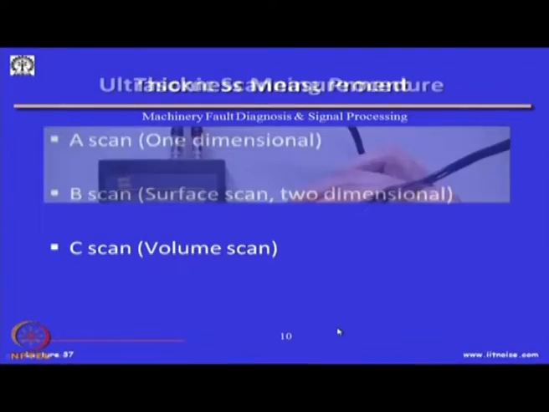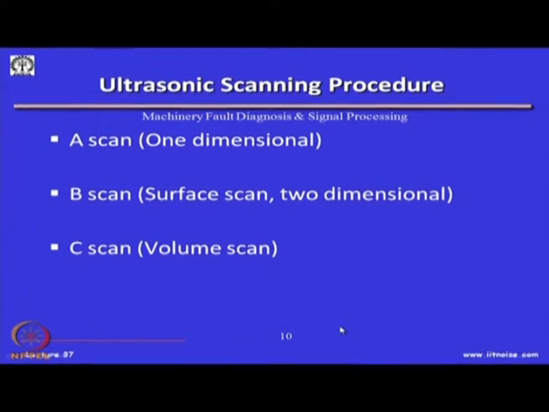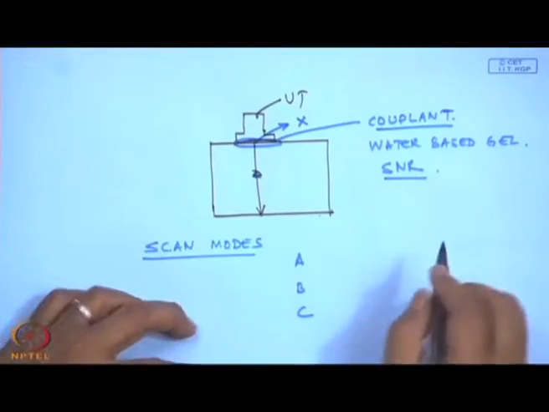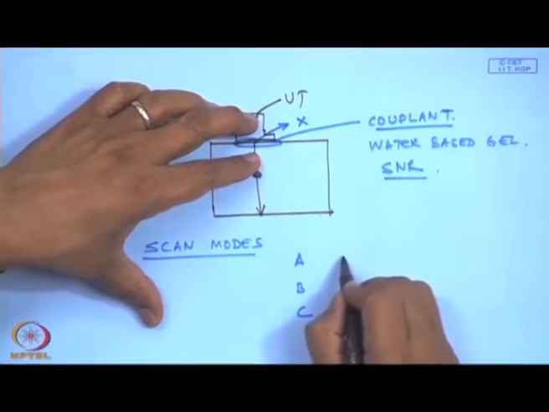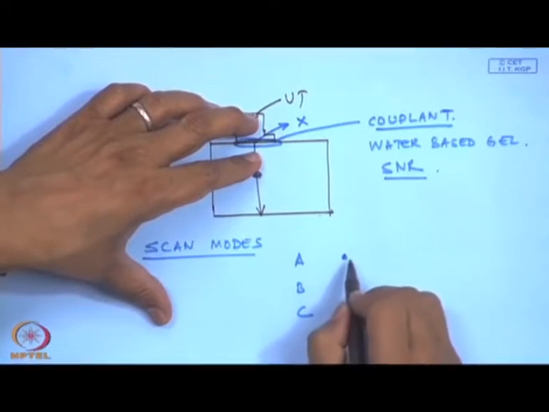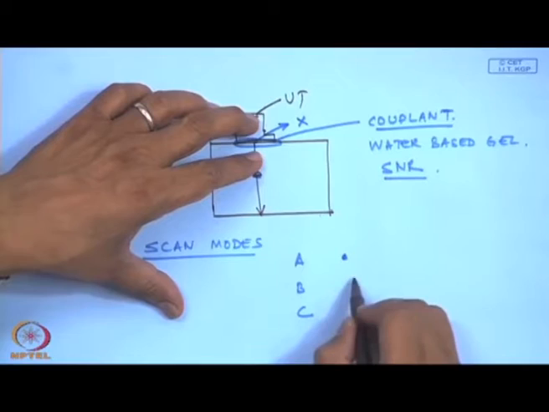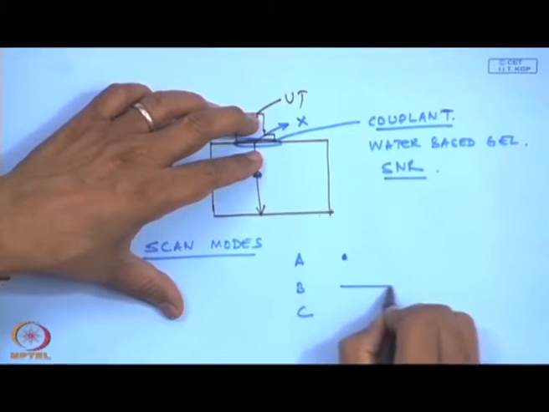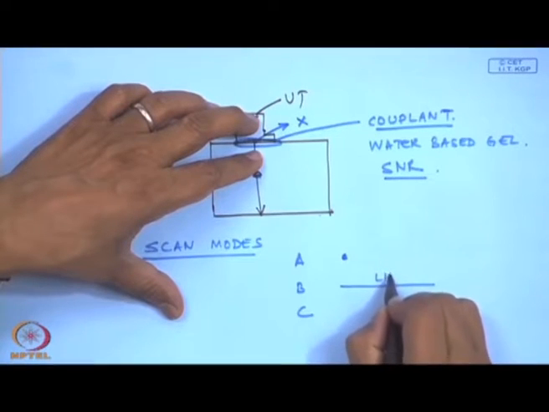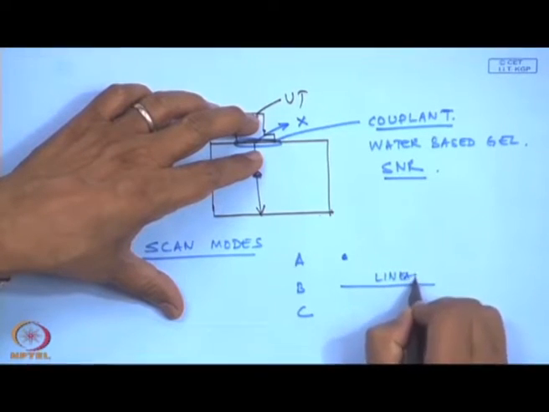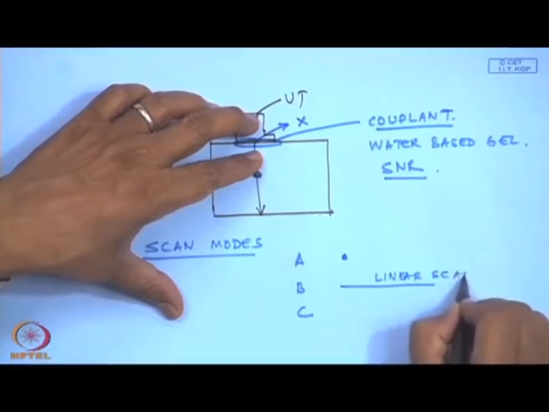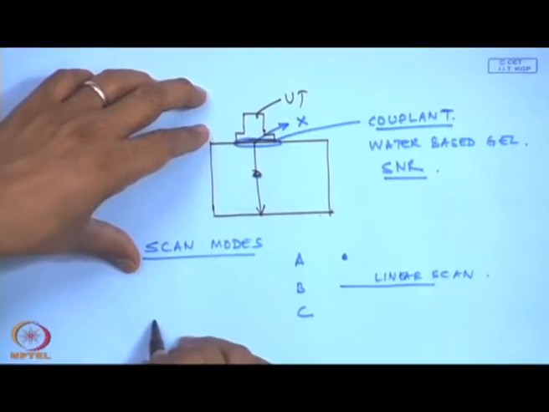Okay. So, coming to the scan modes, there are 3 scans: A, B, C. A is a scan wherein at a single point I do a measurement. B is actually a surface scan, or I would say a linear scan, not quite 2 dimensional. So, on the weldment I can do a B scan.